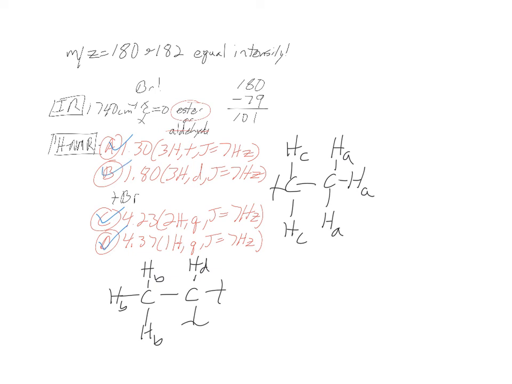So let's go back to our molecular formula. 101 minus C2, 24, plus 5. What's 24 plus 5? 29. Another piece is C2, 24 plus 4, minus 28.